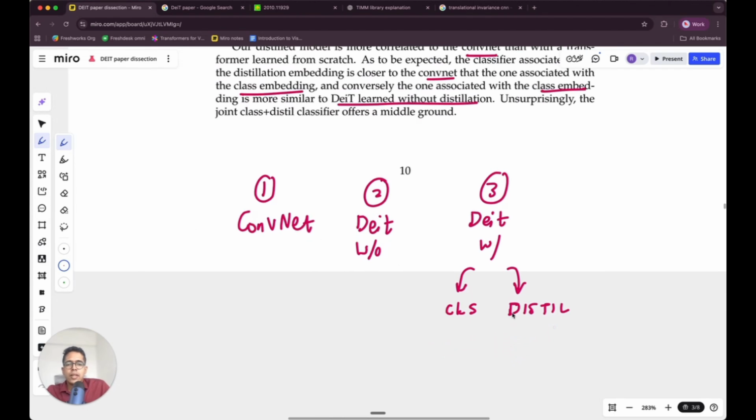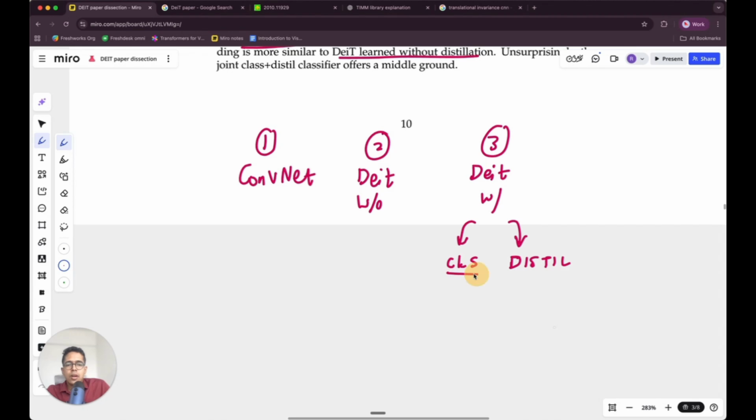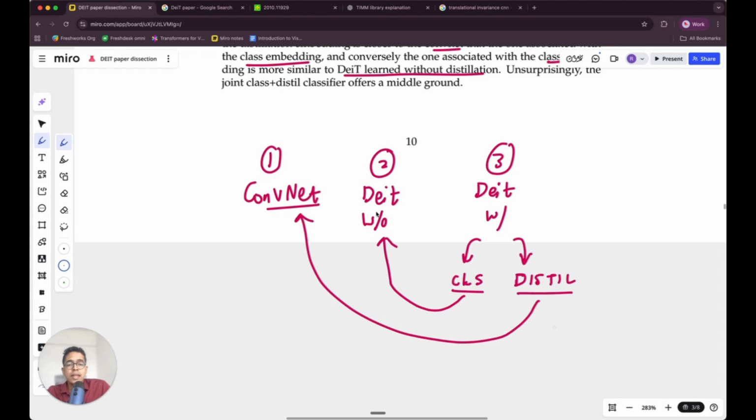Now what they are saying is the output of this one is more correlated to this, and the output of this one is more correlated to this. Output of the distillation token correlates more with the convolution network. Output from the class token correlates more with DEIT's output, where there is no distillation token.